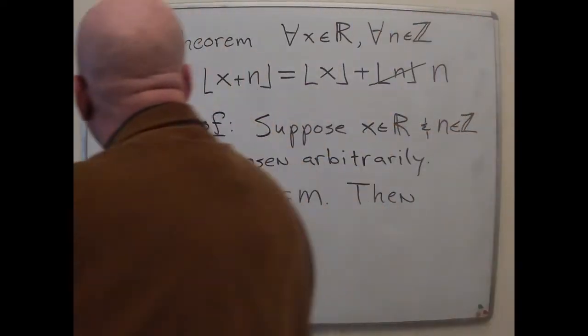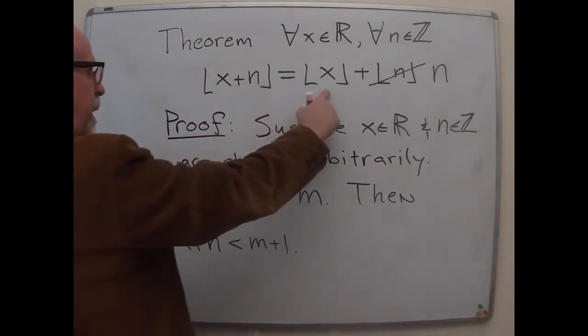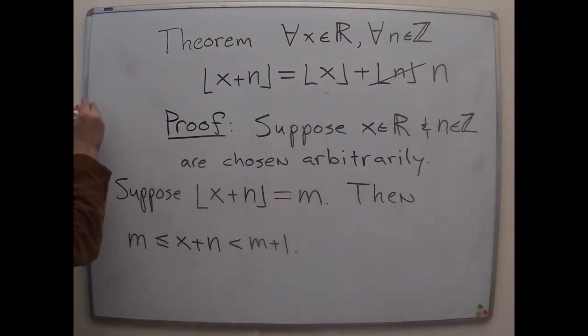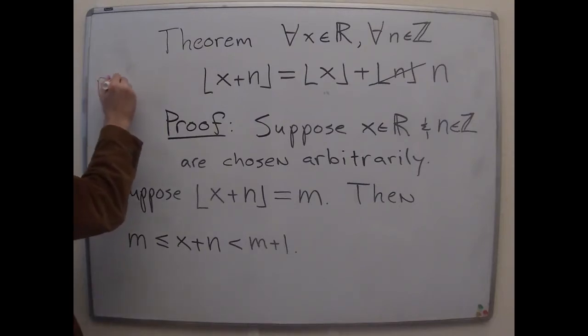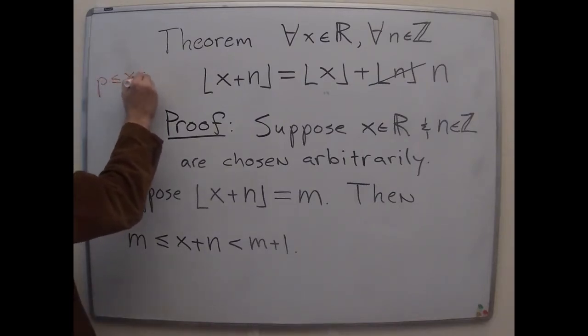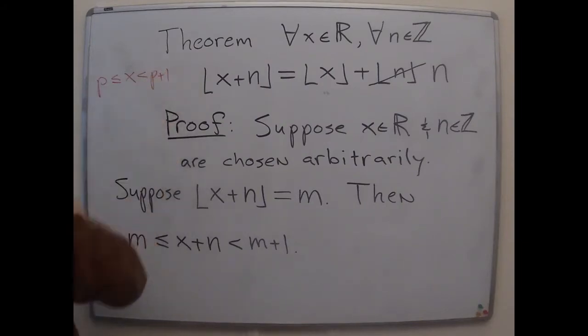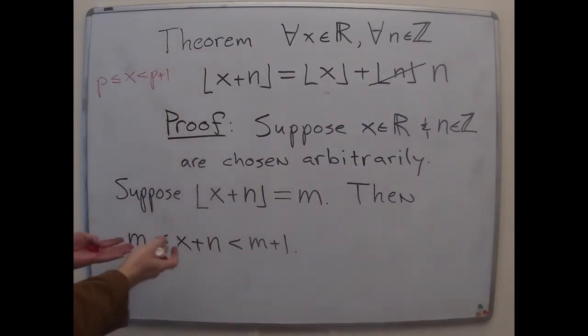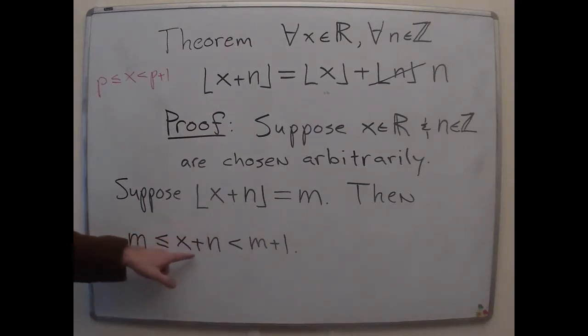We're looking for something that looks like that we know what the floor of x is. We're looking for some p that's less than or equal to x that's less than p plus 1. So I'm asking you to stare at this and figure out how to get rid of this plus n here. To get rid of a plus n, you subtract n. And you got to do it in this place and in this place.